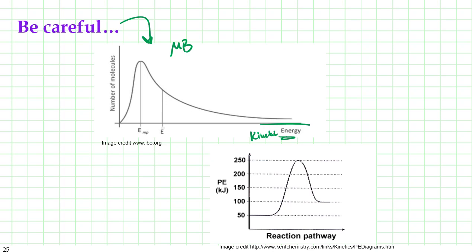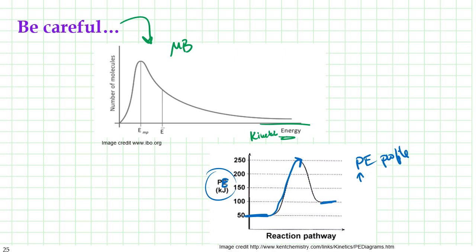This other graph also has energy, but it is potential energy, not kinetic energy. We call this a potential energy profile, or we could call it the reaction coordinate. This one is showing us the potential energy that is bound up in the chemical bonds of the reactants and also of the products. We can see the activation energy is here.